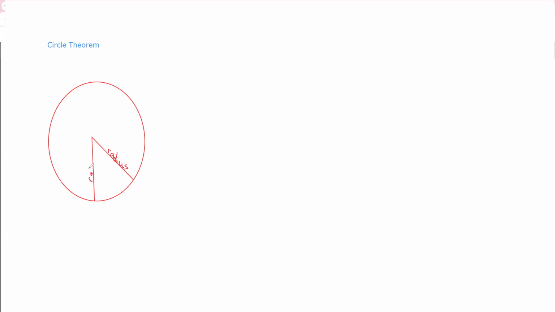So you have a radius on this side, a radius on this side. And it's bound by a part of the circumference, right? So this part of the circumference has a special name. And that special name, so this here, which is a piece of your circumference, is known as the arc length.